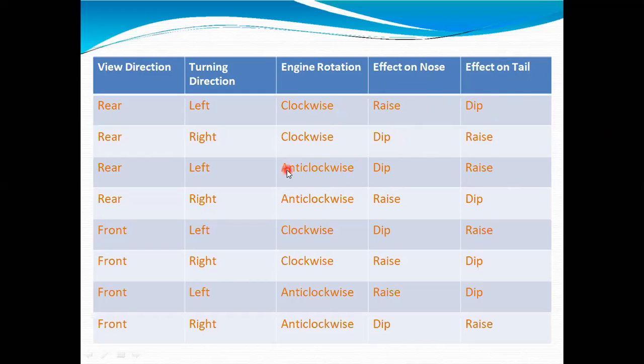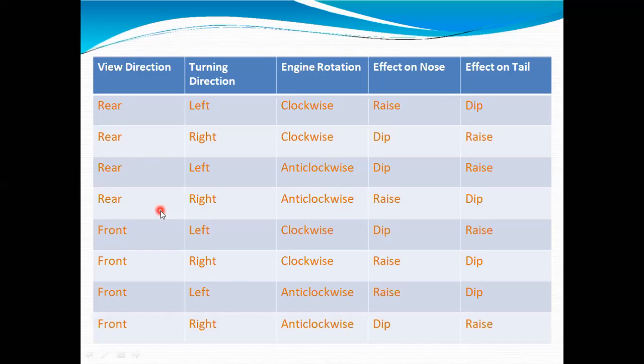And again we are changing the direction of steering, so we are taking left and right. For the right condition, the result will be just opposite to the left condition. So dip will be replaced by rise, and rise will be replaced by dip. So these are the four conditions, first, second, third, and fourth, when the person is viewing from the rear end.